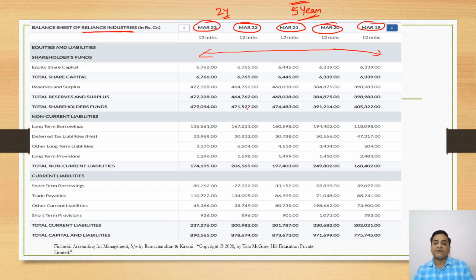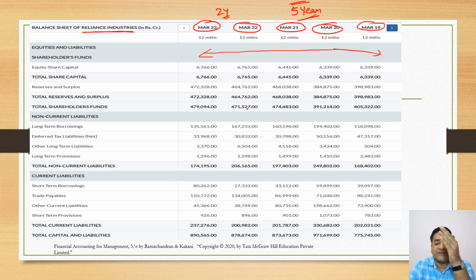Since the numbers for a particular year may not give you a clear idea of the financial position, you need to know the numbers in relation to something else. It can be the comparison of Reliance Industries with Tata Steel, the comparison of Reliance Industries with Wipro, or the comparison of Reliance with Reliance itself.